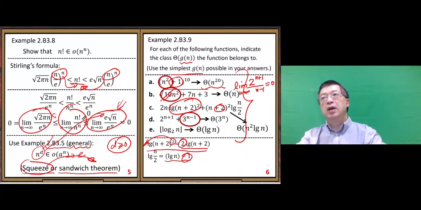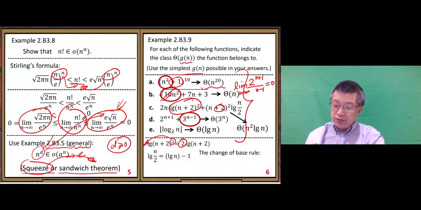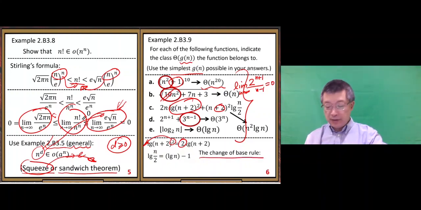At the end, the last step, I want to remind you of this formula, the change of base rule in log. Log base A of B, you can change its base from A to C. Definitely all positive, but A not equal to 1.